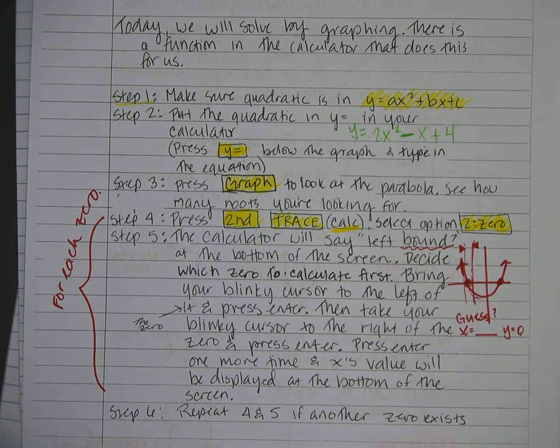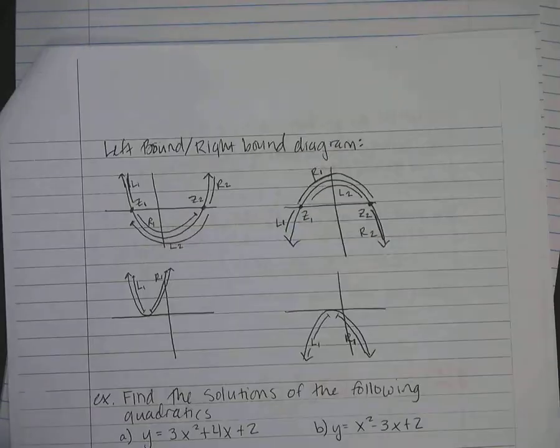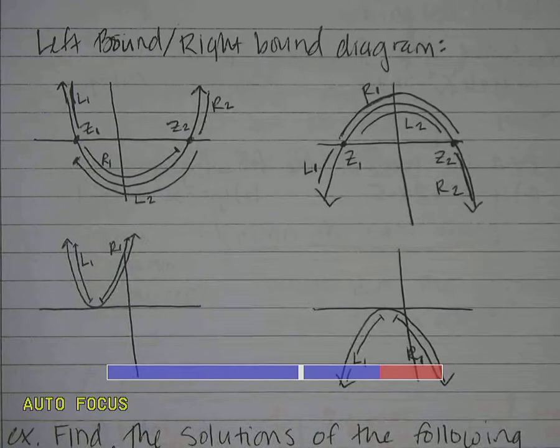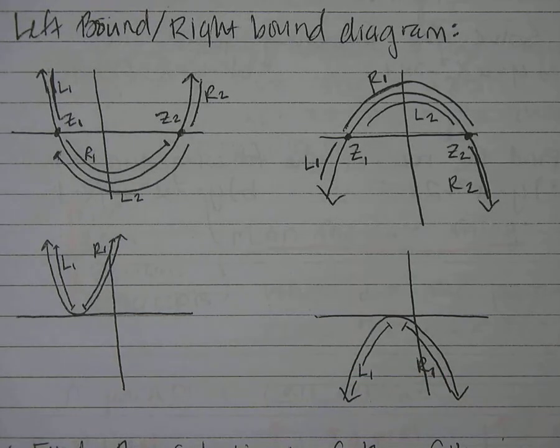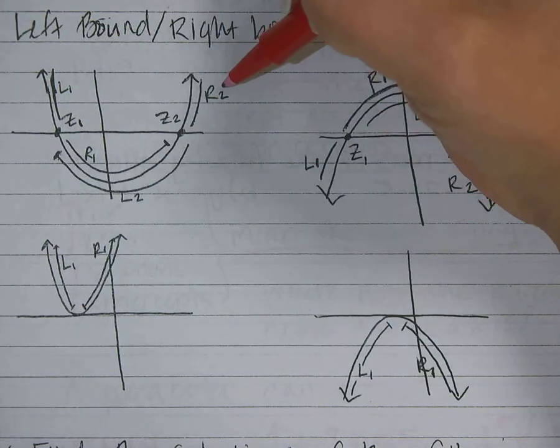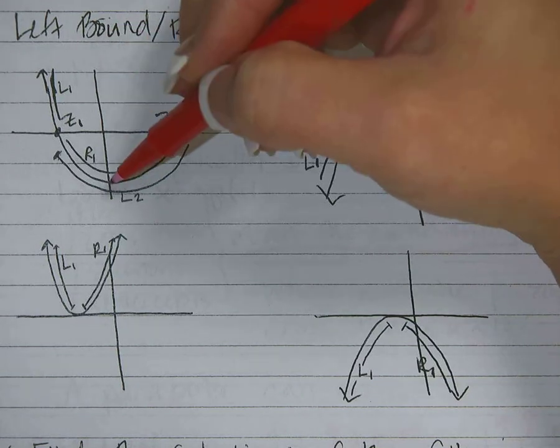Okay, so let's take a look here. Now, I've made a diagram to give you an idea of your left and right bounds. I think it makes it maybe a little bit easier. So, if my parabola looks like this, and it doesn't matter where the y-axis is, that's pretty irrelevant.